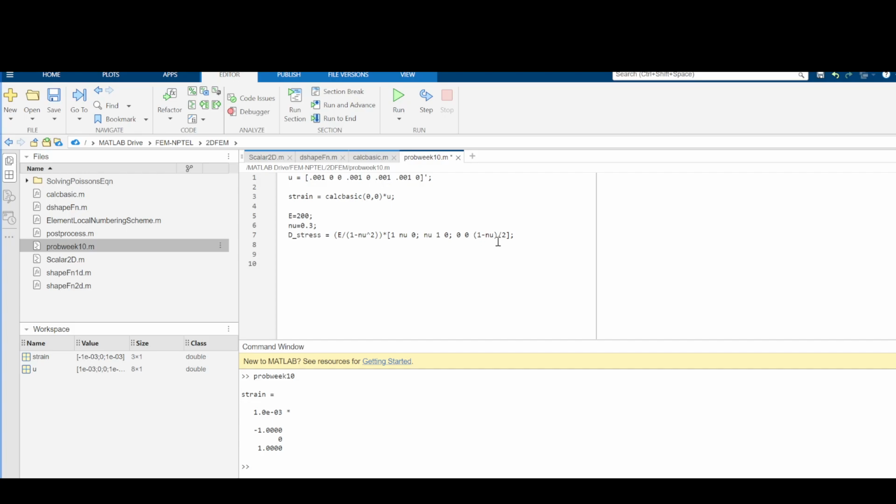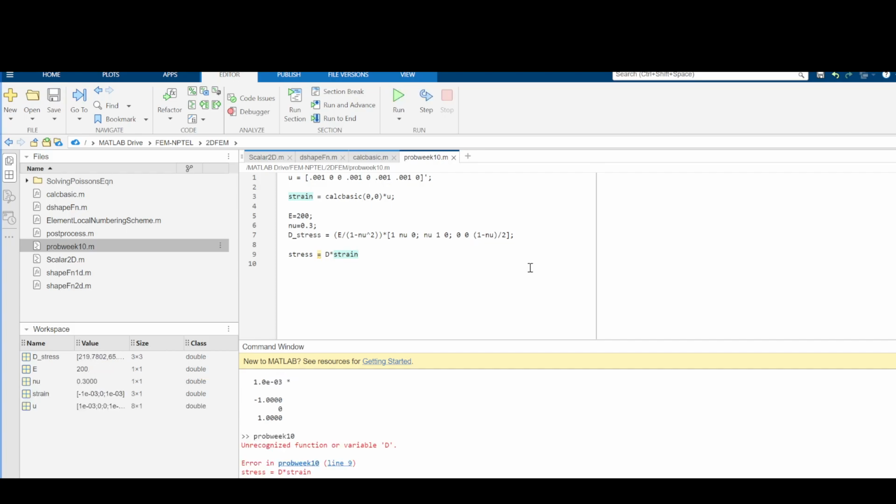So we get the stress here as D into strain. Okay, so this is the stress.